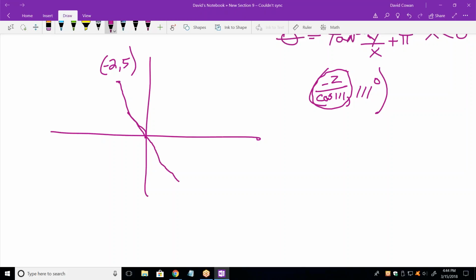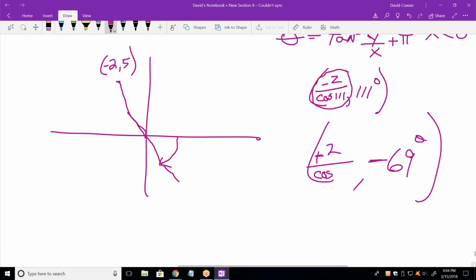We can also go in the opposite direction. So the opposite direction would be minus 69 degrees. So there's theta. And r would be exactly the same amount, only it would be in the other direction, which would be a negative number.